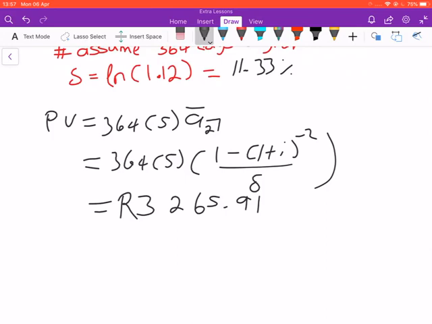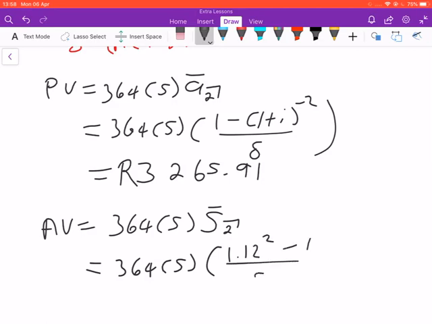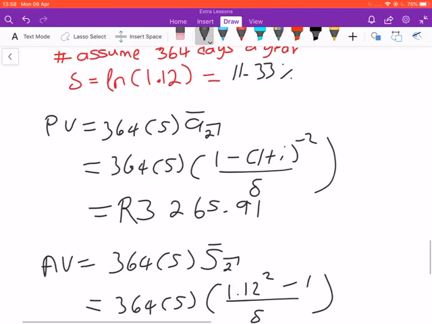So how do you find the accumulated value? Again, the same thing happened. 364 times 5, the accumulated value formula for 2 years, right? And then you're going to have 364 times 5 times (1.12 to the power 2 minus 1) all over the force of interest. You just substitute the force of interest as we found it.